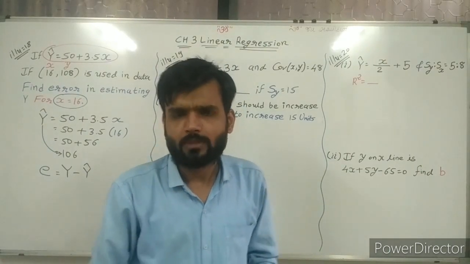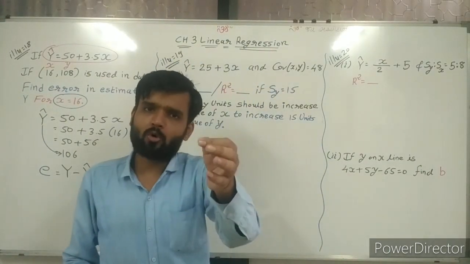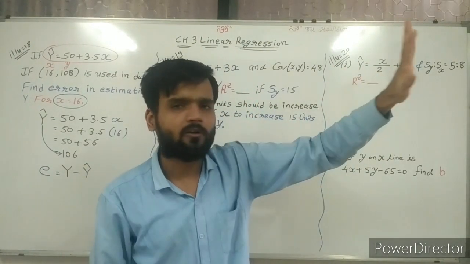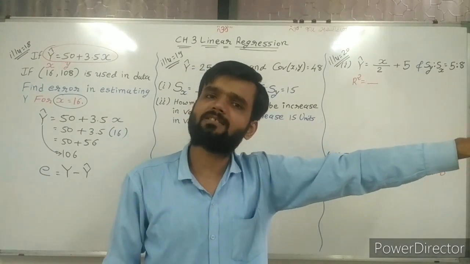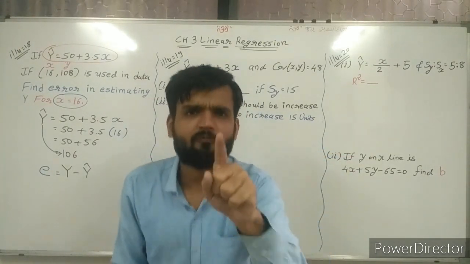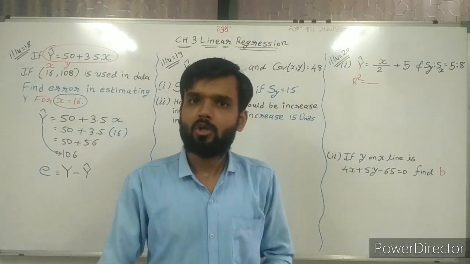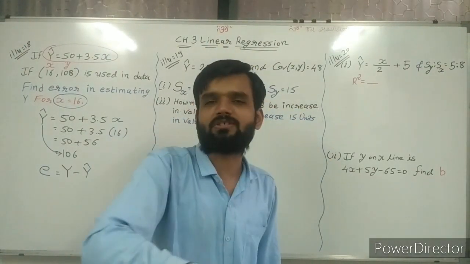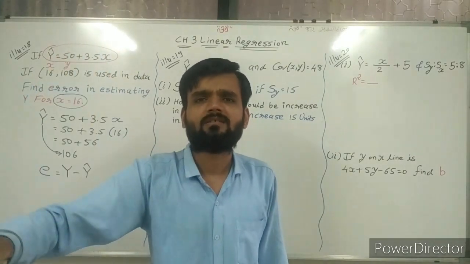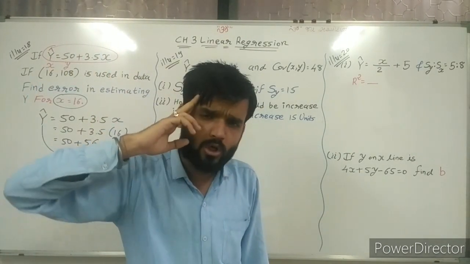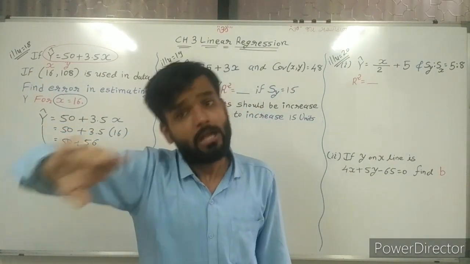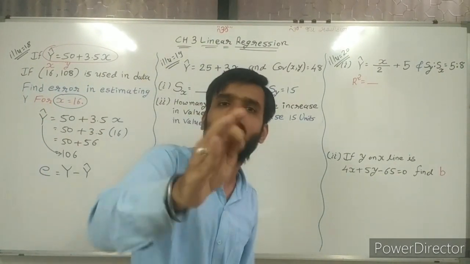Taking one example, try to understand. Suppose you expect to earn 5 lakh rupees next year, and in future you earn exactly 5 lakh, then in your estimation there is no error, because your assumption was that you will get 5 lakh next year, and really you earned exactly 5 lakh.